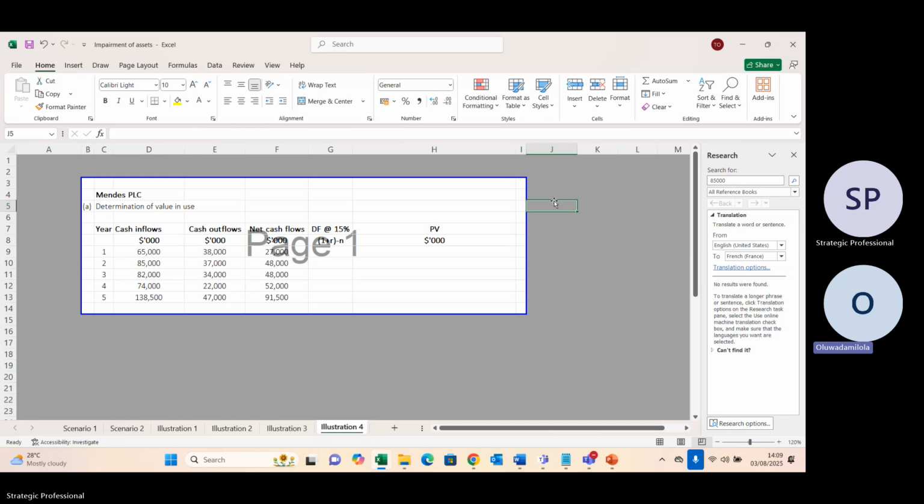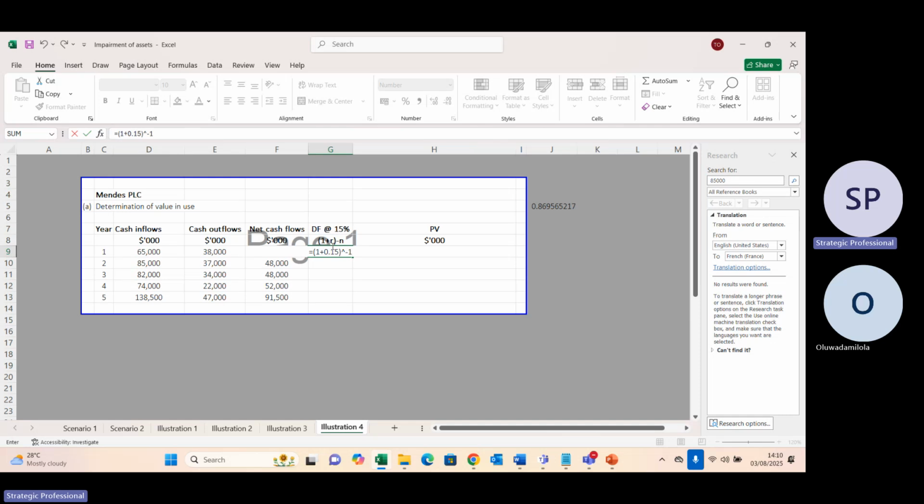It is 1 plus R, where R is the rate, 0.15, 15%, raised to power minus 1. N is the number of years, the power.